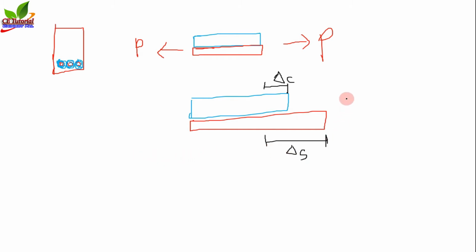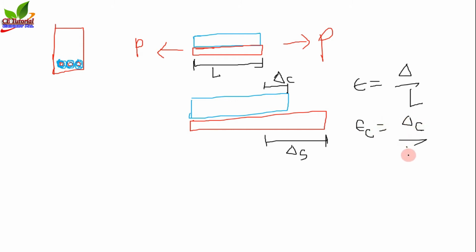Now what is the formula of strain? Formula of strain is epsilon equals delta by L. So this is the original length L. Now epsilon C equals delta C by L, and epsilon S equals delta S by L. Now the value of L is same for both cases because the length is same before the application of load.